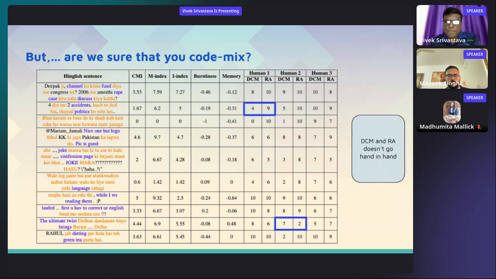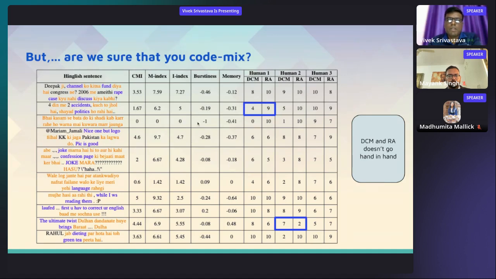The second thing we saw is that the degree of code mixing and readability don't go hand in hand. It doesn't mean that if the degree of code mixing is very high, the readability will also be very high, and vice versa. These two things actually impact how your scores are calculated, and this is really not taken care of in any of these metrics.